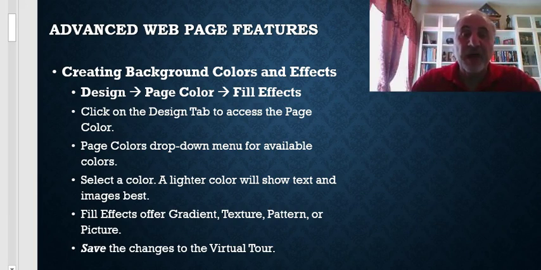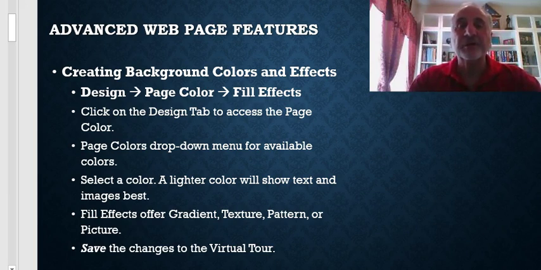One of the options that you have is to use the fill effects to provide gradient, texture, pattern, or pictures. Again, it's best to experiment with these to figure out how the material looks best for your particular lesson. But once you've done that, save the changes to the virtual tour.